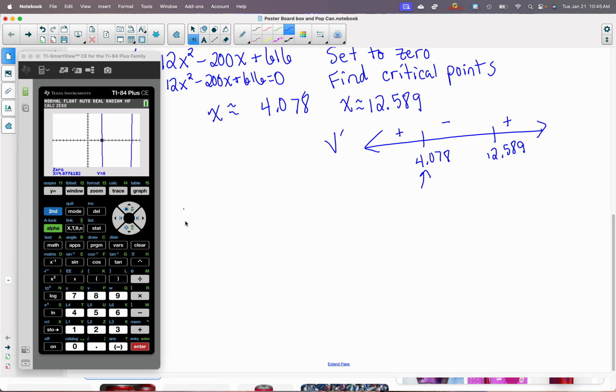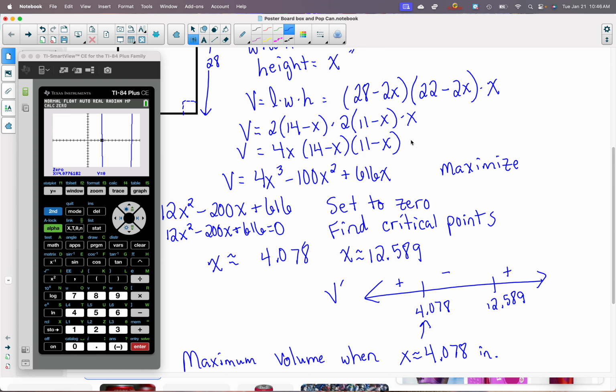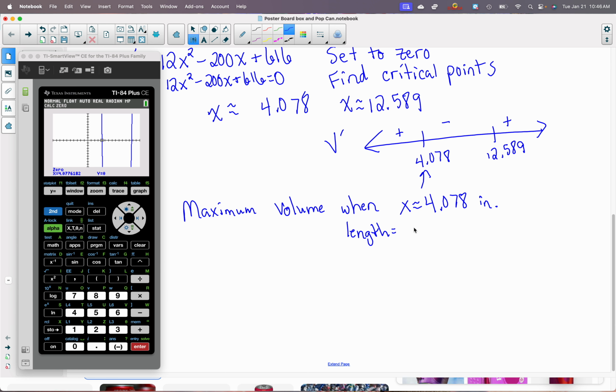So for my solution, I have a maximum volume when X is about 4.078 inches. And then if I needed to know what that volume is, I can plug back into my expression for the length. Remember, my length was 28 minus 2x, so you can just do the math there.